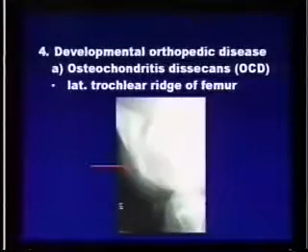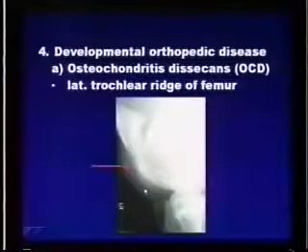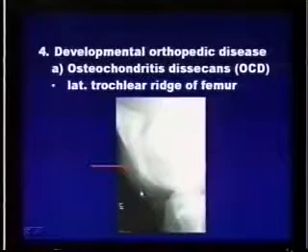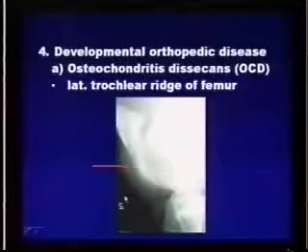One of the most common sites of OCD formation in the horse is the lateral trochlear ridge of the femur, as is shown by this red arrow. The treatment for this would most likely be arthroscopic debridement of the area, and this would heal in by formation of fibrocartilage. The prognosis for these horses to return to soundness is usually quite good.